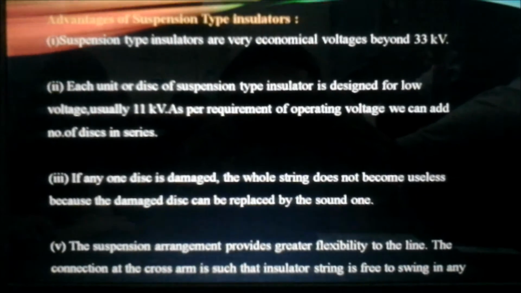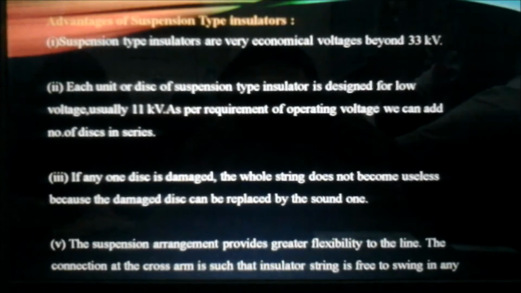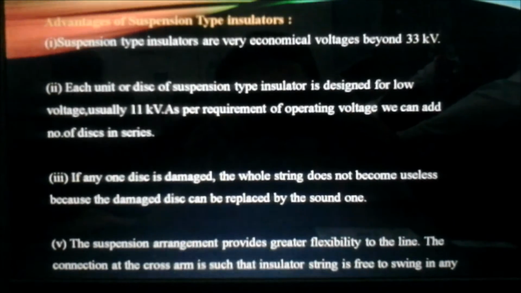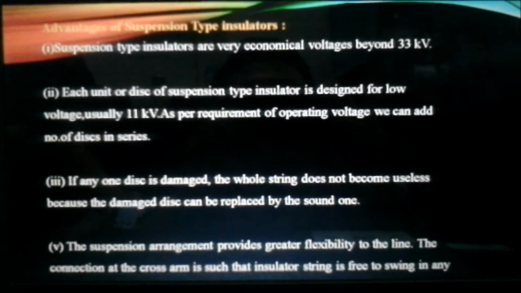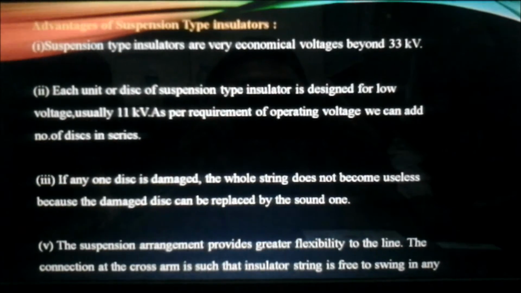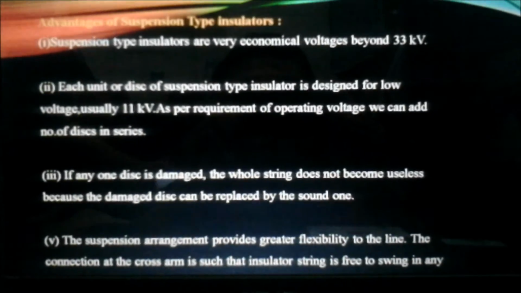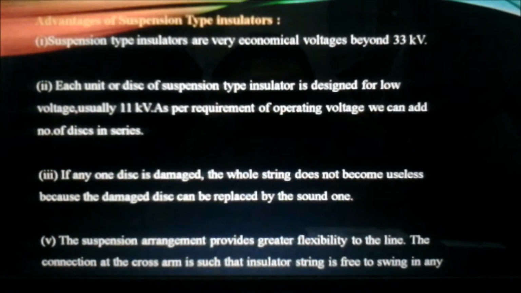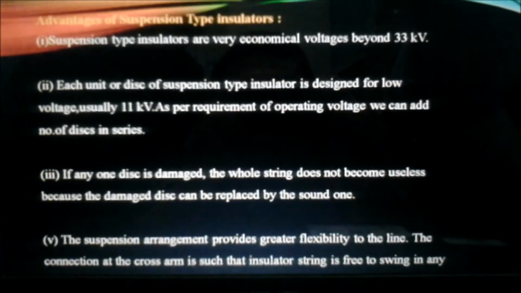Okay, this time I will tell you the advantages of the suspension type insulator. Suspension insulators are very economical for voltage beyond 33 kV. Each unit or disc of a suspension type insulator is designed for low voltage, usually 11 kV.